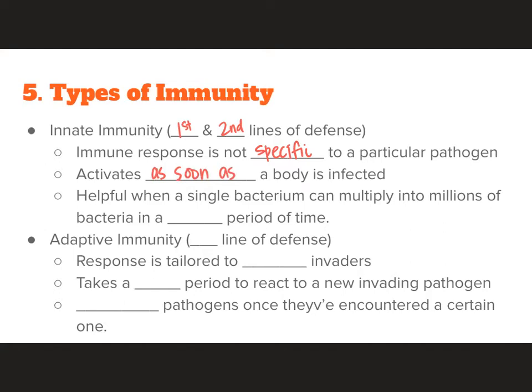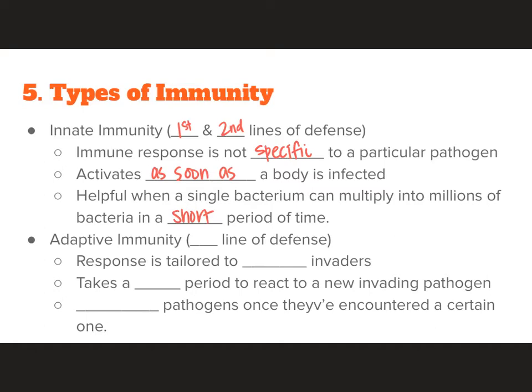So for example, if you have something in your eyes, they are going to automatically start tearing up. If you have something that goes in through your nose, you may sneeze right away. So it's going to happen fairly quickly and right away. The good thing about innate immunity is that it's really helpful when a single bacterium can multiply into millions of bacteria in a very short period of time.